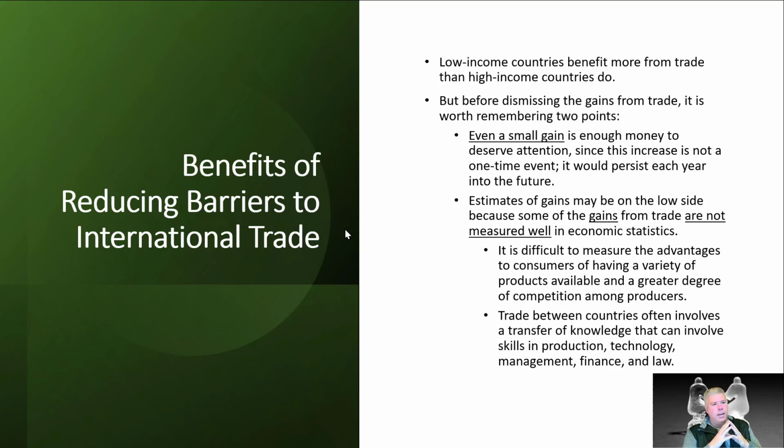If you've got multiple producers of compact pickup trucks, it's going to benefit consumers much more than if you had one, because trade barriers have prevented the importation of other compact pickup trucks, for example. And trade between countries also involves transfer of knowledge, transfer of culture, transfer of relationships that can involve skills in production, technology, management, finance, and law.